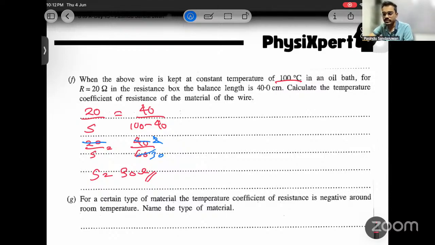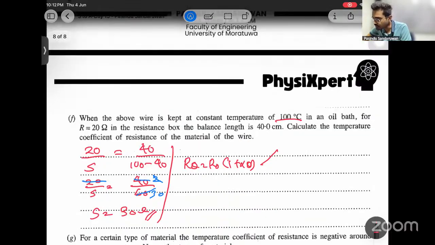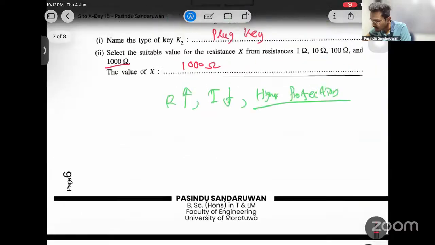If that is known, we know R theta equals R naught times 1 plus alpha theta. Then use this equation. Now we know two different temperatures. Initially, what was the temperature?